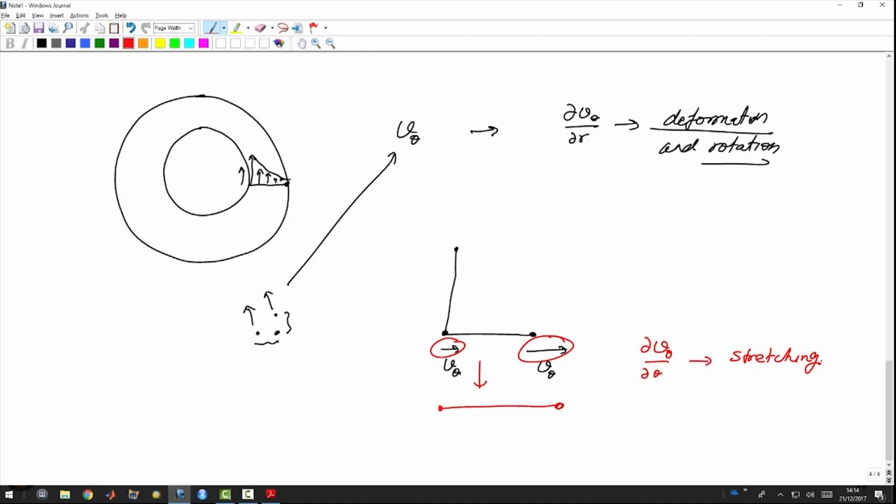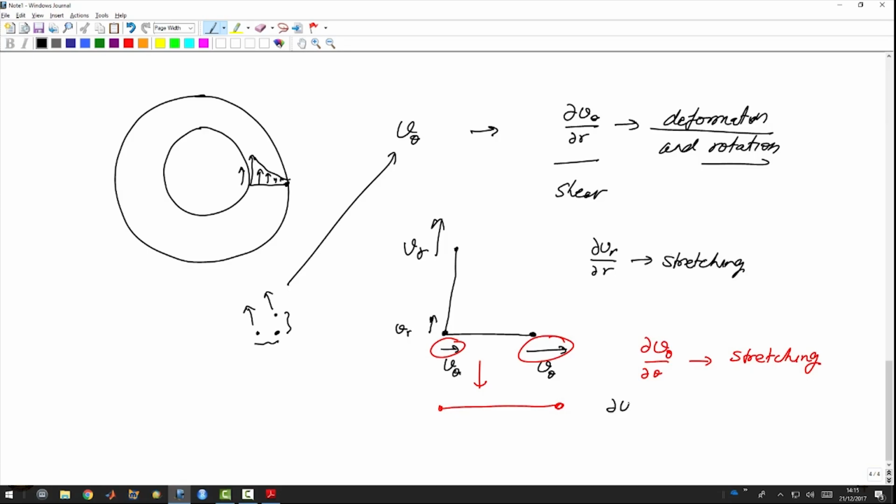We've already seen that del v theta by del r will tell us about shear, and the rotational component will also be informed by del v theta by del r. If, in the same case, we have Vr as the velocity, which is slightly higher, then again del Vr by del r will tell us about stretching.